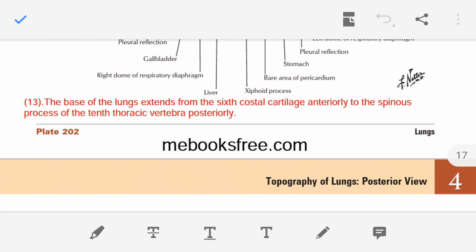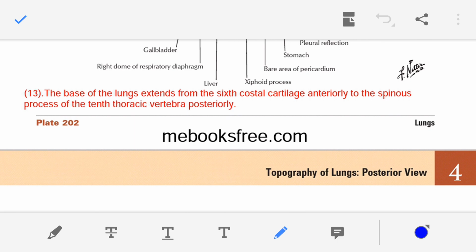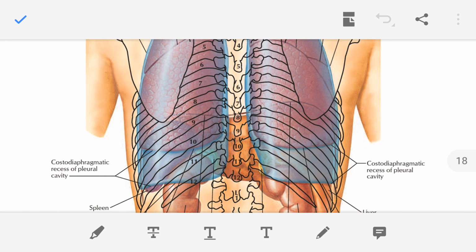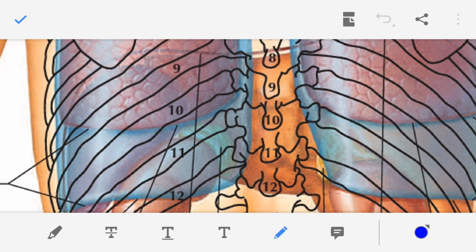and in the posterior view what is happening? The base is present close to the spinous process of the 10th thoracic vertebra. So in the figure, this is the base of the lung. This one is also the base of the lung, and you see with the numbers 4 5 6 7 8 9 10, this is the spinous process of the 10th thoracic vertebra, and this one is the base.